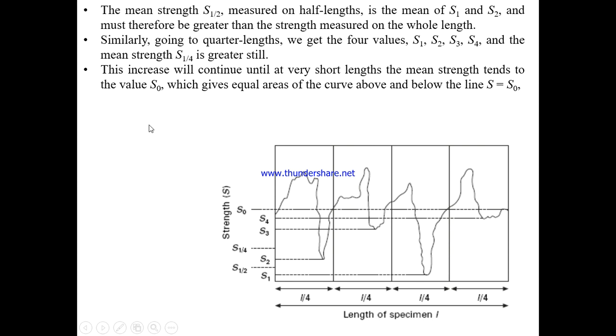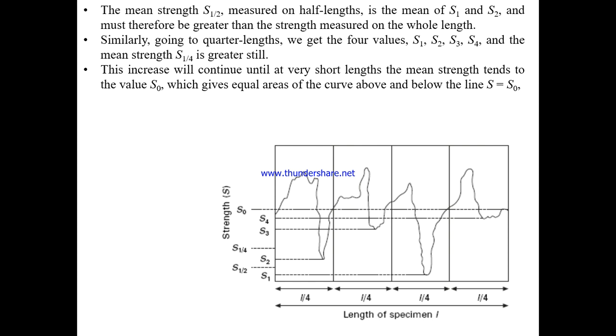Similarly, if we consider quarter lengths, for example L by 4 lengths for 4 specimens, in each case we observe the strength of the specimen, here S2, here S3, here S1 and here S4.